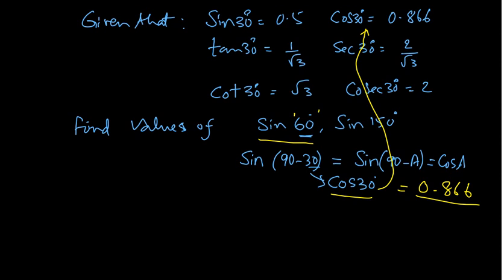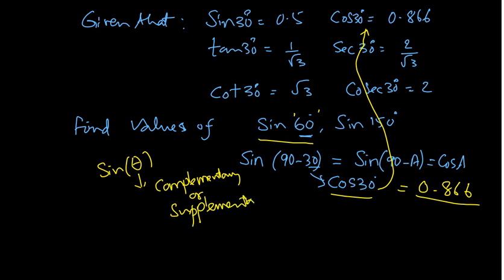So we had sine of some angle theta. We need to apply either the complementary or the supplementary formula. This is what we want to check. If it is complementary, I have to use this formula. If it is supplementary, I will be using the 180 minus formula.